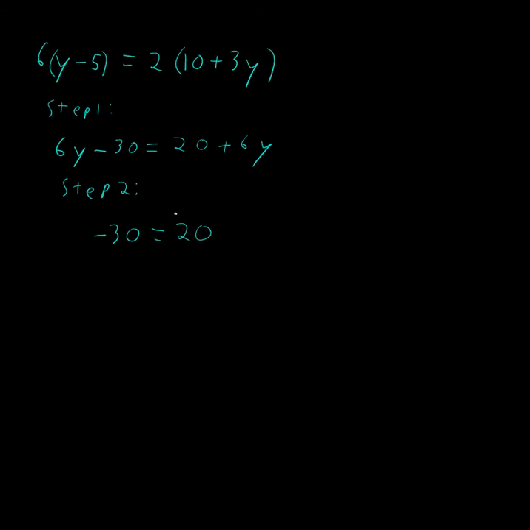Again, there's not really anywhere we can go from here, and so now we just need to ask ourselves, this thing that we've got to, is this true or false? -30 does not equal 20, so this is false. That means no matter what value that we plug in for y, this equation is incorrect. That means there is no solution for this equation. And so we can say that: no solution.